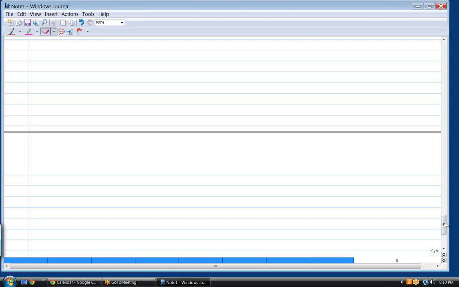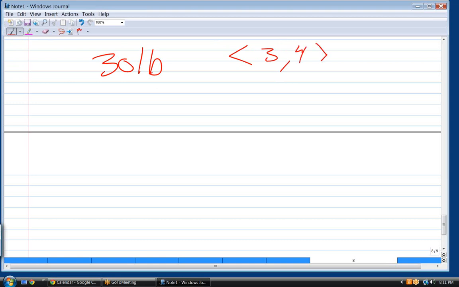Okay, so the next one, it's a work problem. There's a force of 30 pounds acting in the direction of vector 3, 4, moving an object square root 32 feet from 0, 0 to a point in the first quadrant along the x-axis.